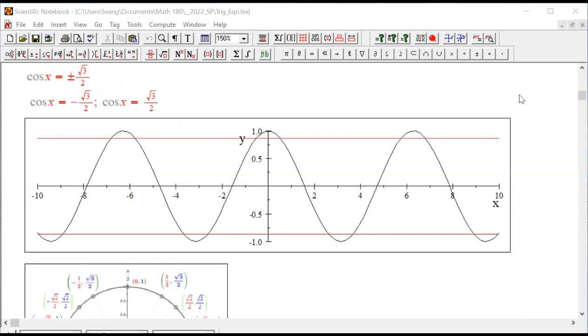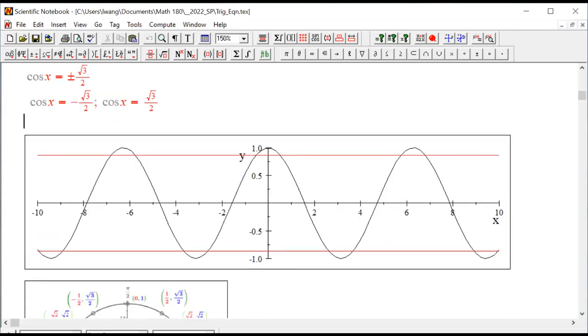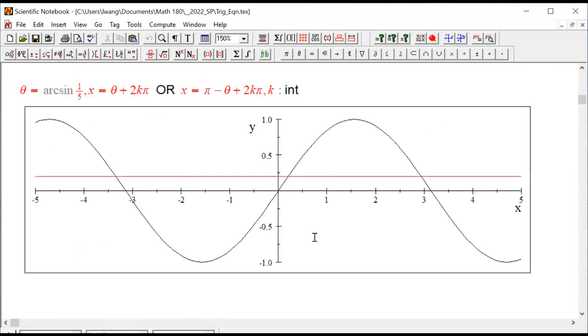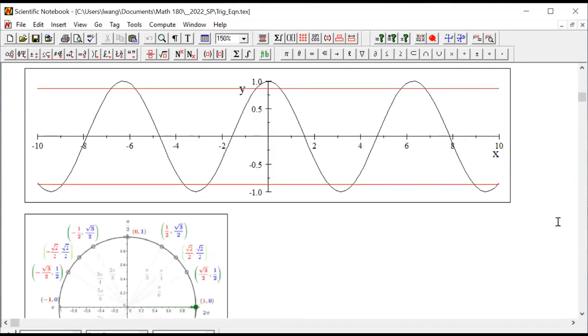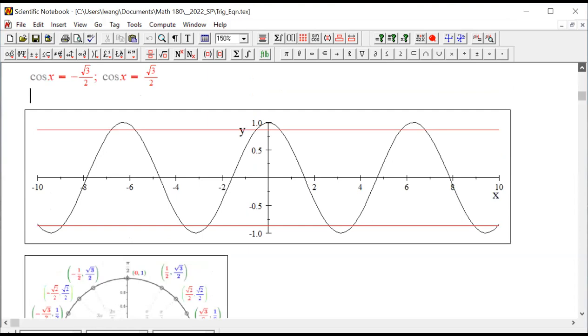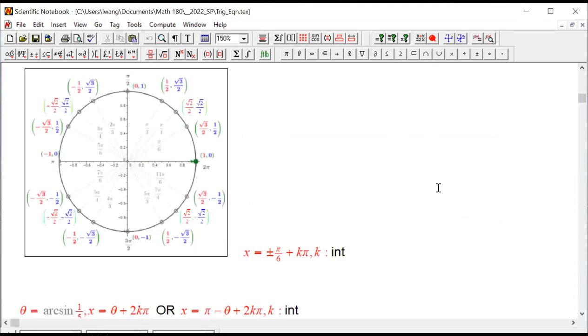So now you can identify this is pi/6, negative pi/6, right? So they are symmetrical. This solution, that solution. Well, cosine is an even function, right? So let's see. The solution would just be what? Already wrote it down. Where did I put it?